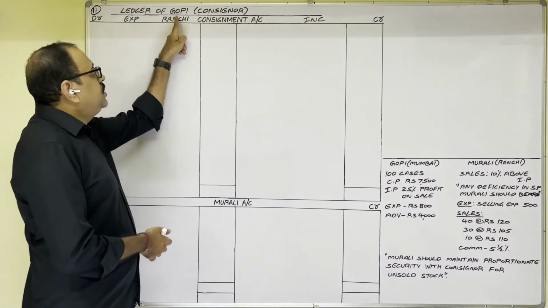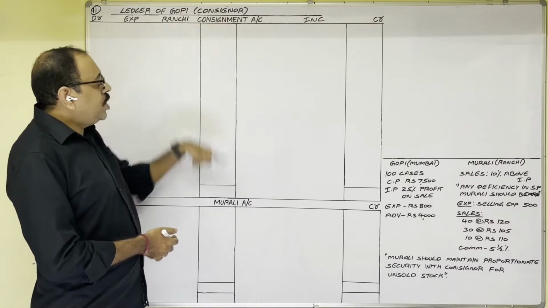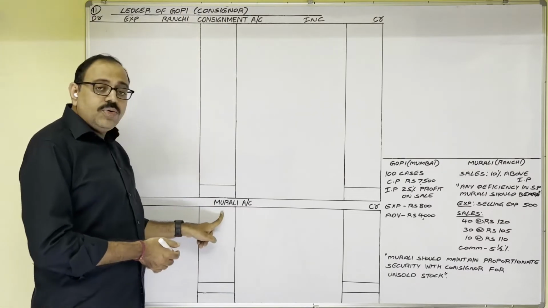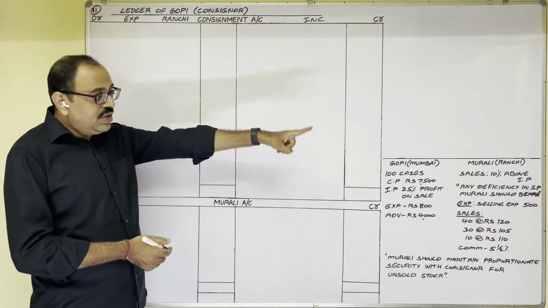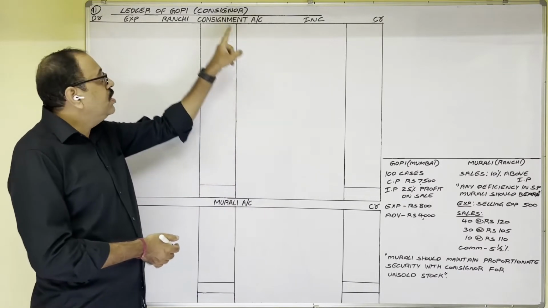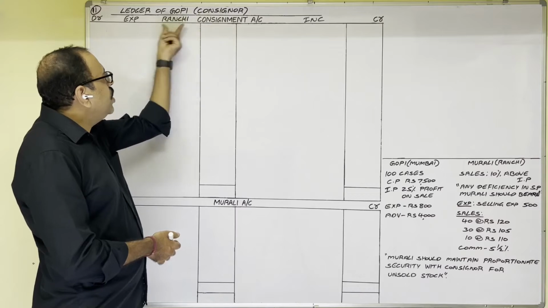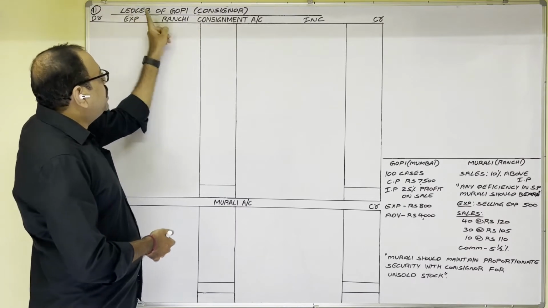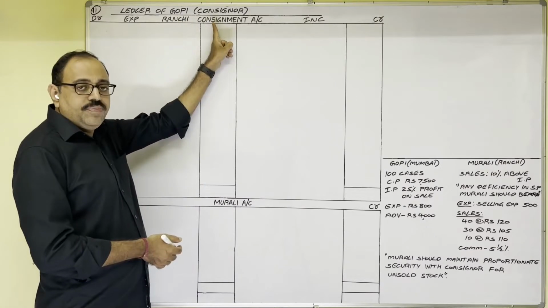In Gopi's ledger, we have to prepare two accounts: Ranchi consignment account and Murali account. The consignee is living in Ranchi, therefore to the consignment account we add the consignee's area name. Heading is ledger of Gopi, consignor.